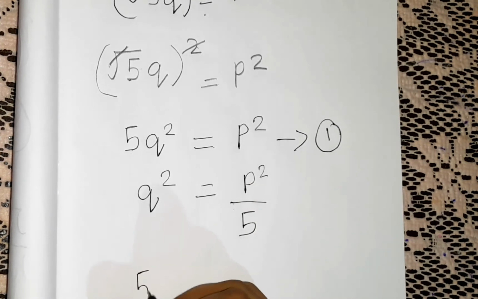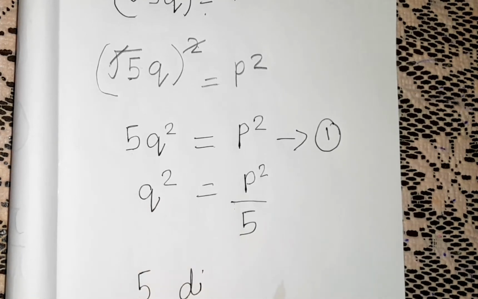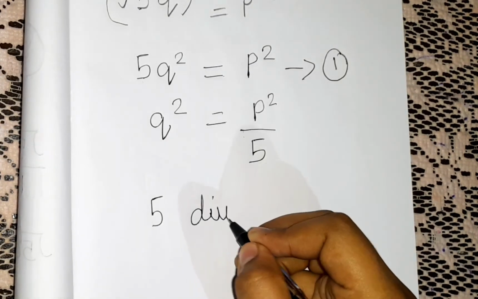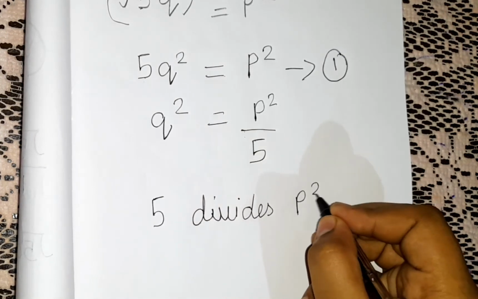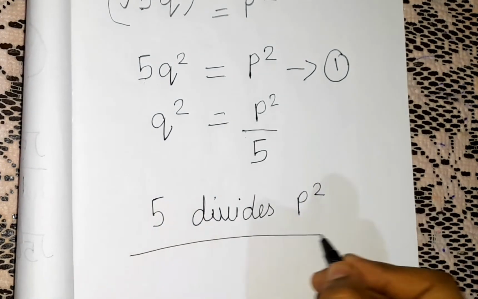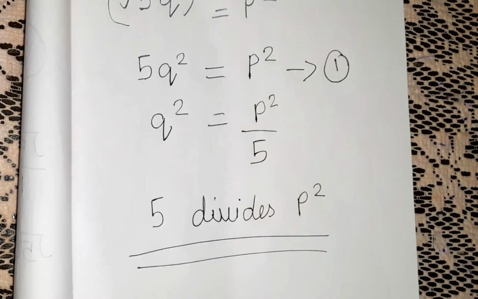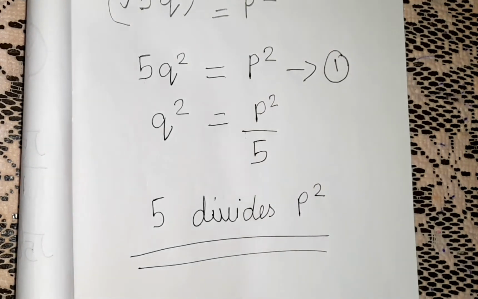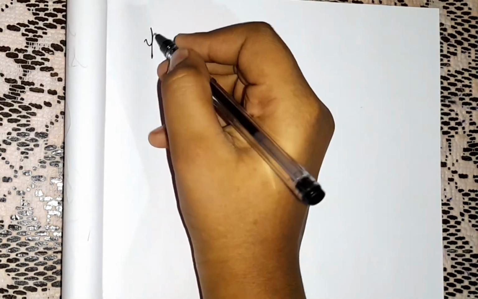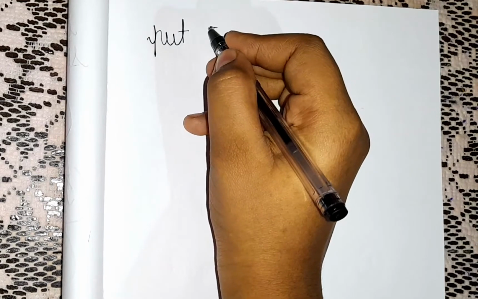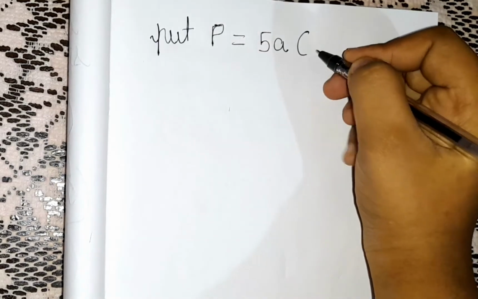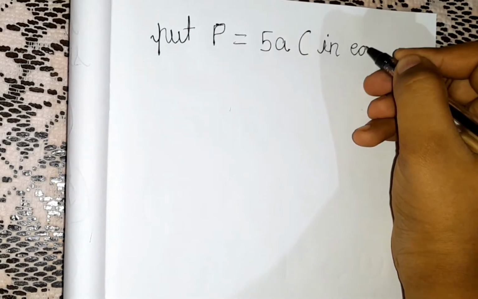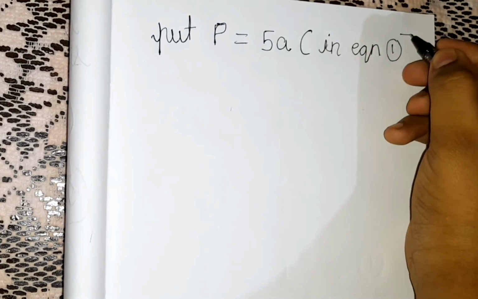So now let's write 5 divides p square. Okay, now let's put p is equal to 5a in equation 1.